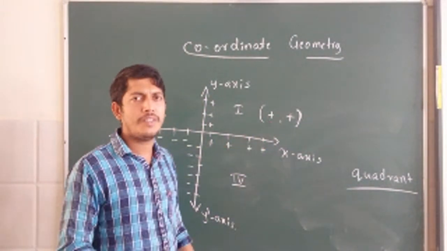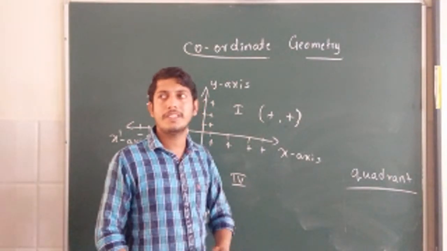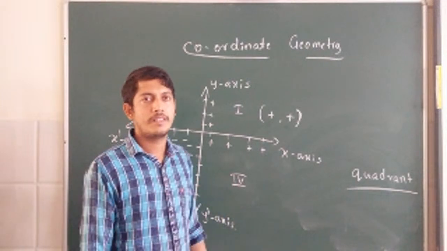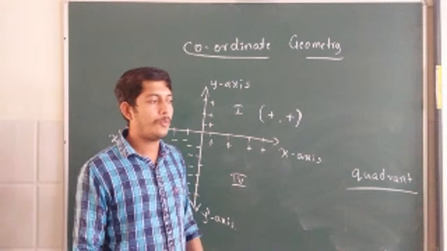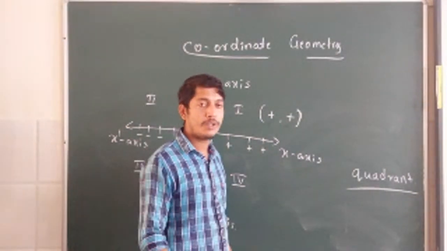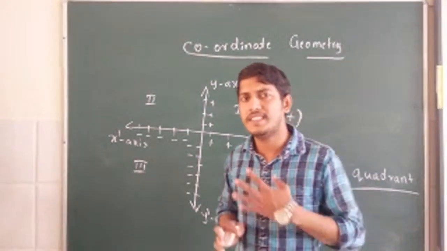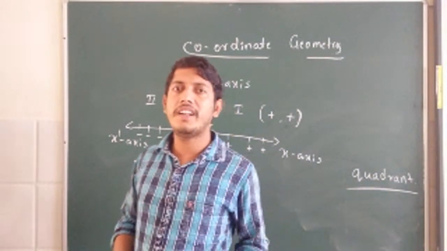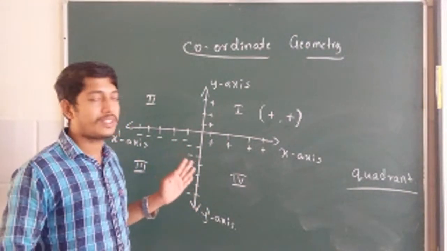Therefore, a point like 3, 5 or 5, 7 is present in the first quadrant, because the abscissa is positive and the ordinate is also positive.